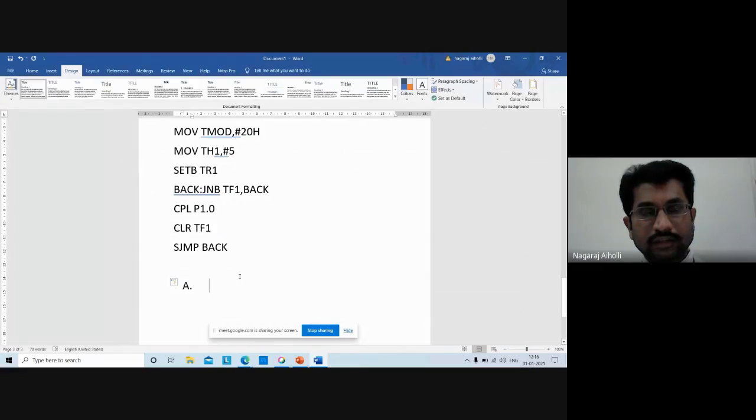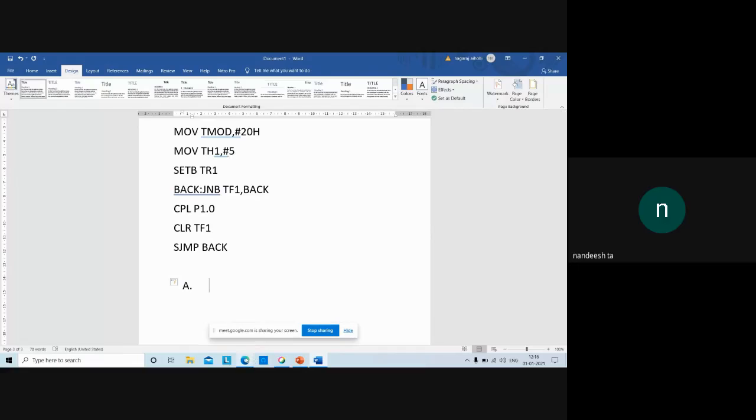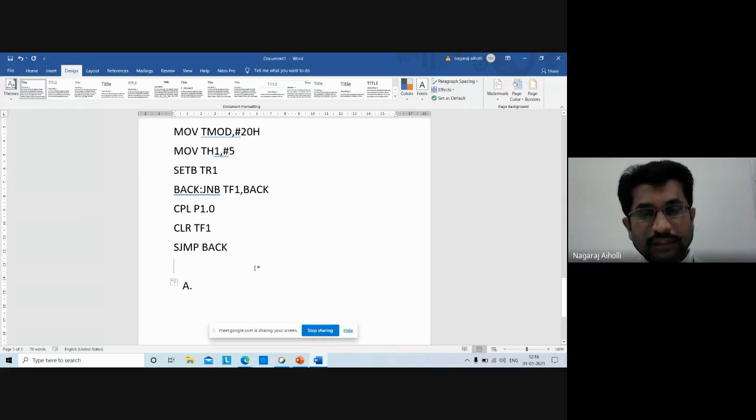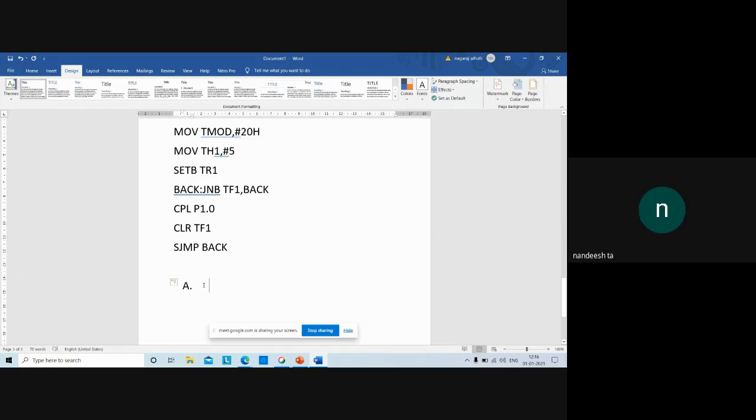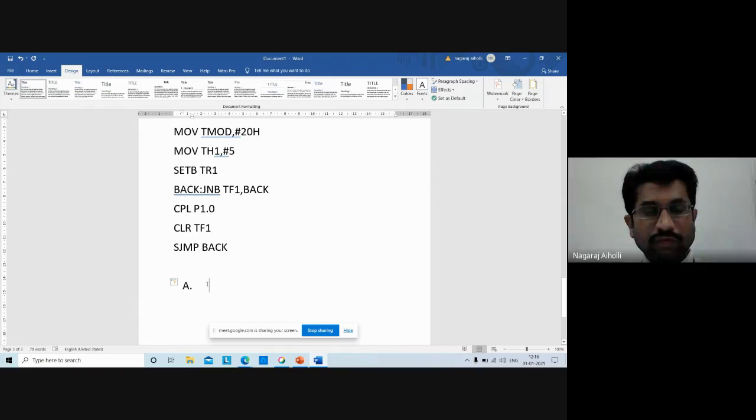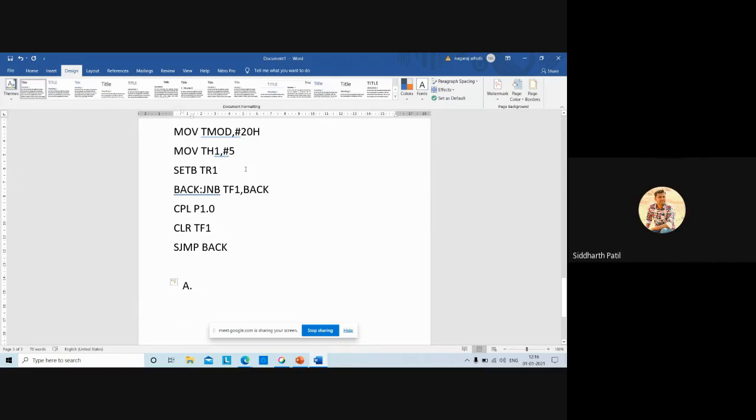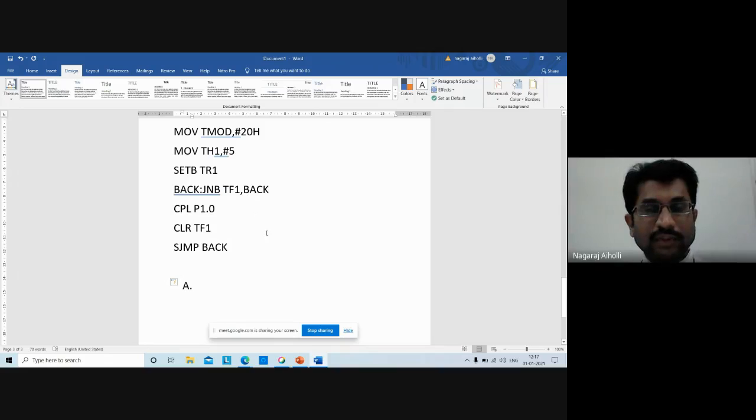Siddharth, how much? Yes, 255. The maximum value that can be stored in the timer is 255, FF.